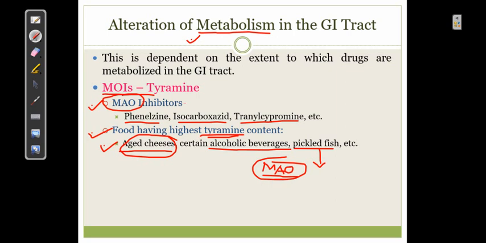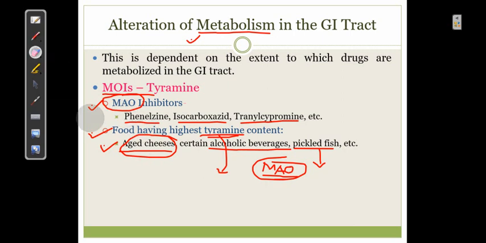Now this tyramine will be available in systemic circulation, and once it is, it could displace noradrenaline from the noradrenergic neurons. Once there is a displacement, there will be high noradrenaline in the blood circulation, and that could lead to hypertensive crisis.